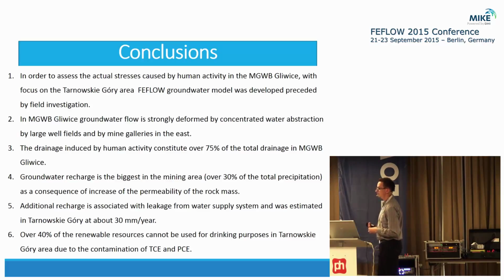Groundwater recharge is the biggest in the eastern part where the post-mining area exists, and is over 30% of the total precipitation. And additional recharge associated with leakage from the water supply system was estimated in Tarnowskie Góry at about 30 millimeters per year. And over 40% of renewable resources in the city cannot be used due to TCE and PCE contamination.